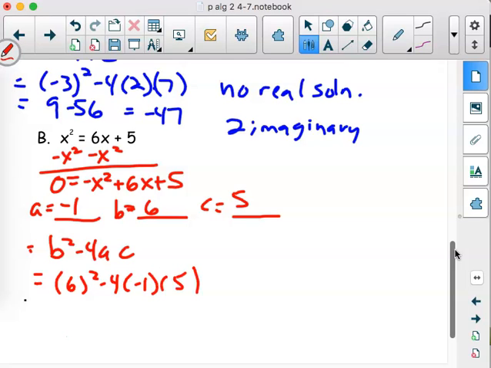Do a little math. 6 squared is 36. Negative 4 times negative 1 is 4, and 4 times 5 is 20, so plus 20. And we get 56. So somebody please unmute and tell me what that means. Two real solutions.